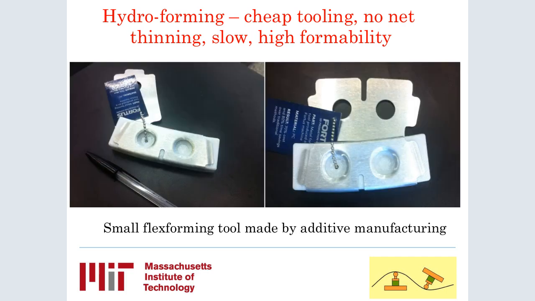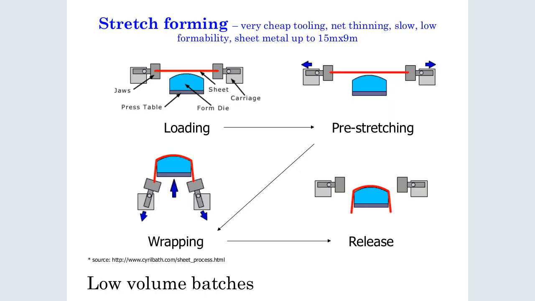We are still on hydroforming. You can see the small flex forming tools made by additive manufacturing. And then you can now see also the stretch forming. In the stretch forming, you are stretching it out, meaning the punching machine or the die is on the lower part and it is making that stretch. So it's very cheap tooling, no net thinning, slow, sheet metal up to 15 millimeters by 9 meters.